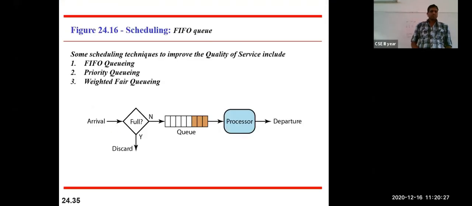Right? Now let us first talk about scheduling. What is scheduling? Think of the CPU scheduling algorithm from OS. Out of the available processes, which process should get executed first, which should get executed next, and then which one after that. We had different algorithms. You remember?